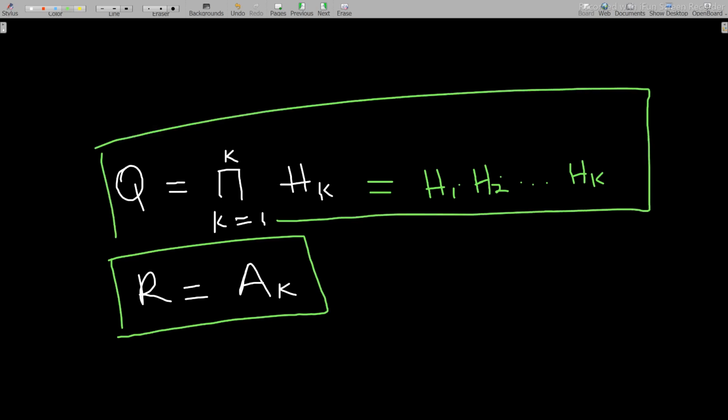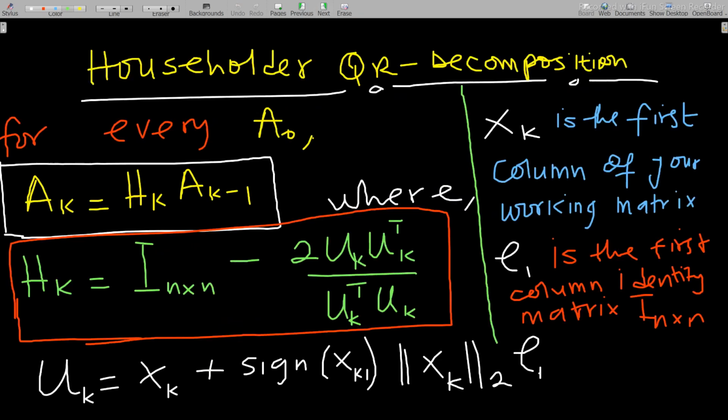But before that, let's say something small about what the Householder decomposition is about. For the Householder, for every A naught given, A_K is equal to H_K times A_K minus 1.